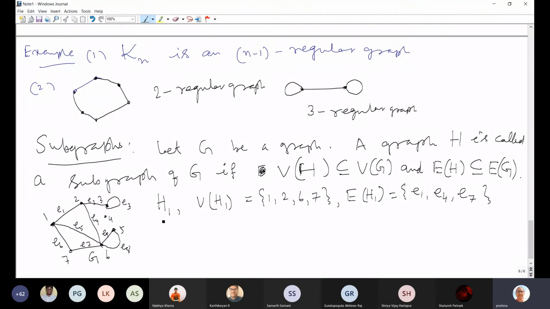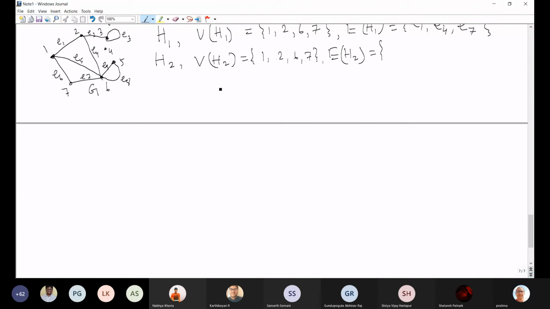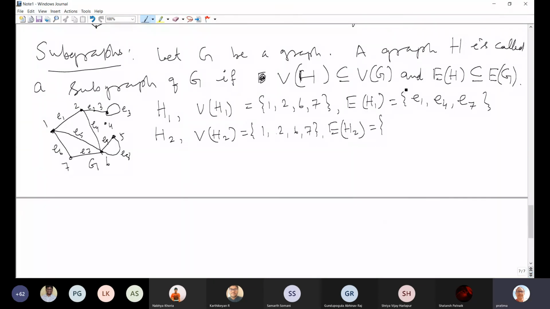Whereas if I consider another graph H2, I'll take the same vertex set 1, 2, 6, 7, and the edge set of H2 consists of E1 and E5, and also this edge 2, 7.